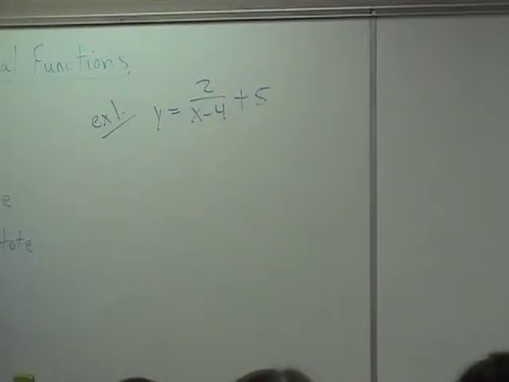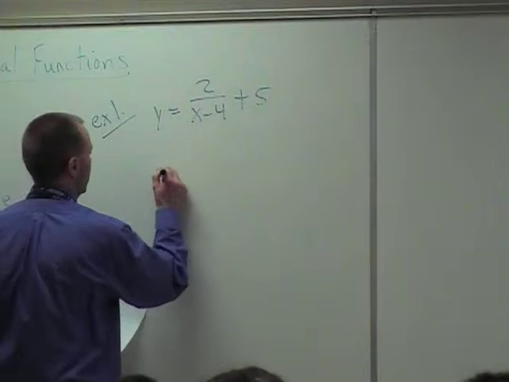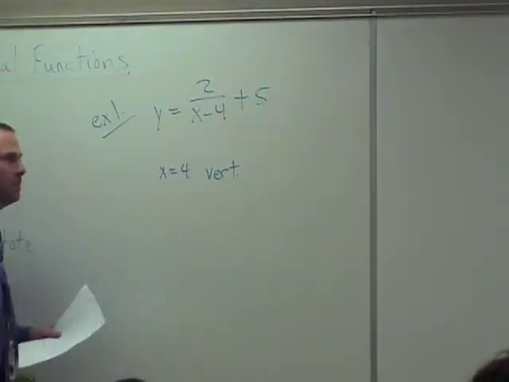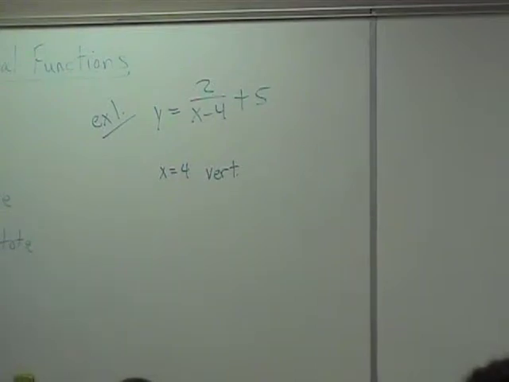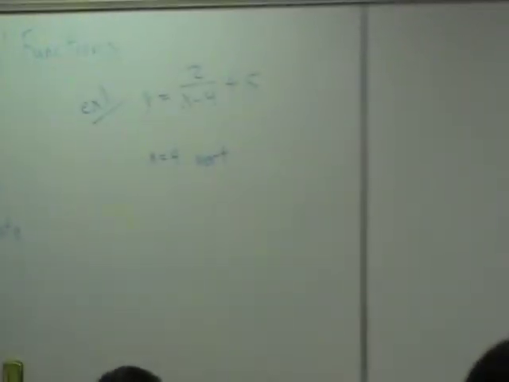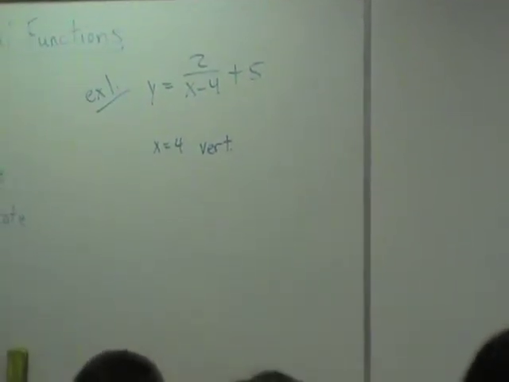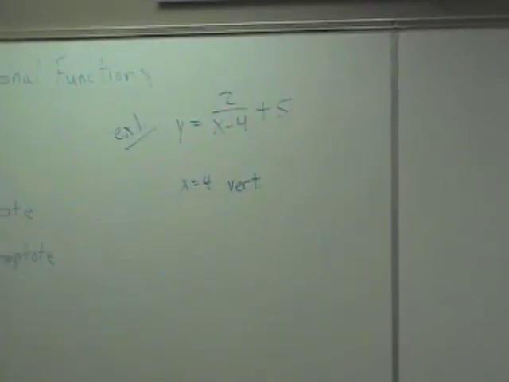Here's what you need to get from this. x equals 4 is the vertical asymptote. Not negative 4. It's positive 4. Why? What have I told you about these types of formulas?